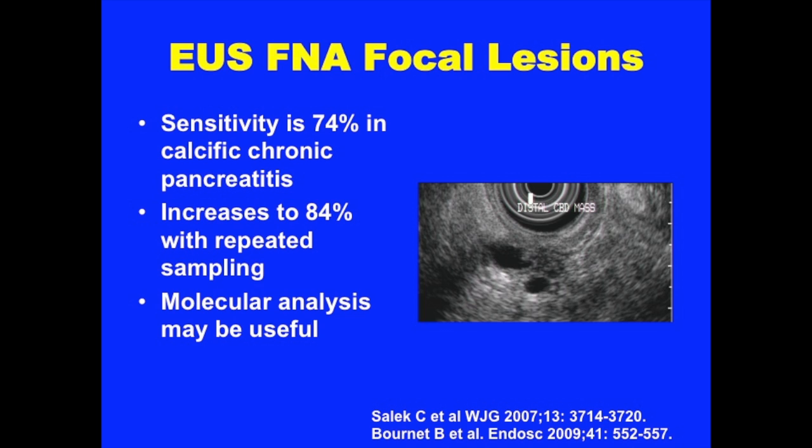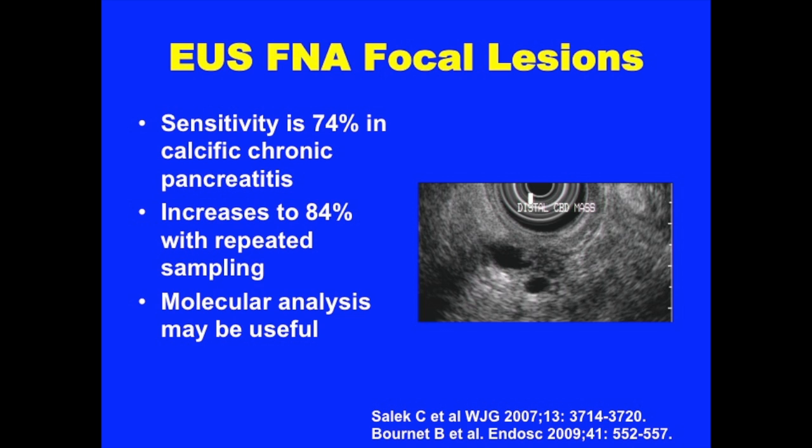You just don't know. You can increase this accuracy to 84% if you do repeated sampling, if you do 8 to 10 fine needle aspirations at the time of your initial procedure, or importantly, if it doesn't show it at that time, you're not sure, you can bring them back in 4 to 6 weeks and pick up another 10% accuracy by repeating the biopsies.